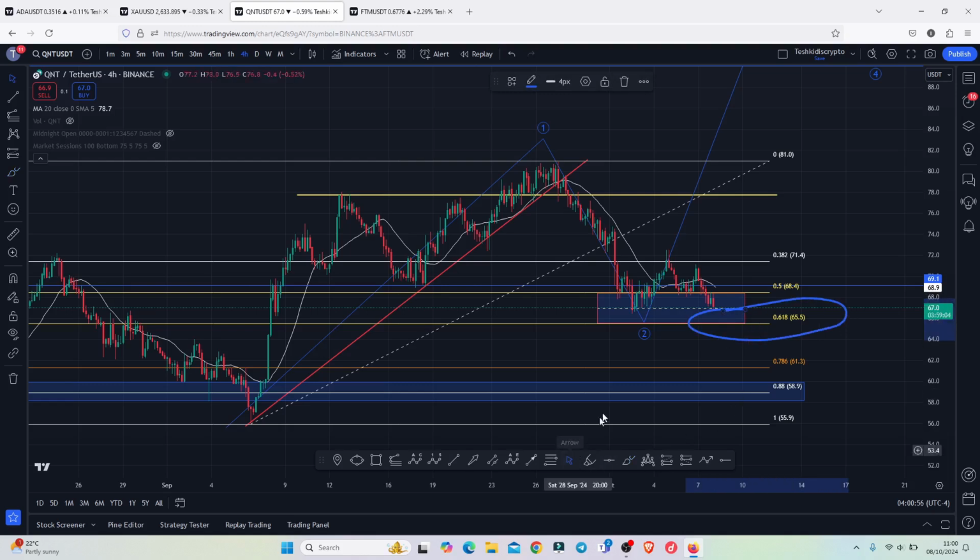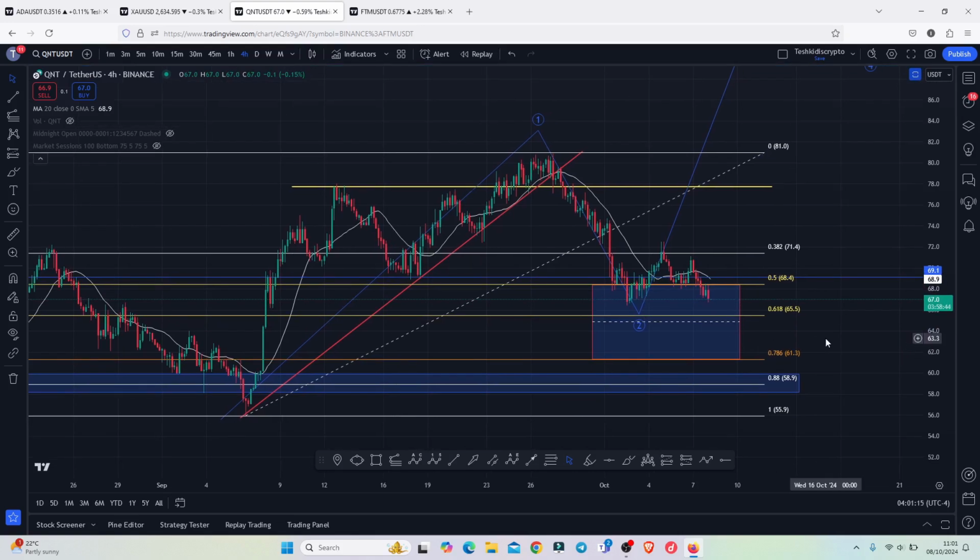And the moment that plays out, then I will be watching for support on the next key area on the Fibonacci, which is the fib level 0.78 that lies above the $61.3. And as long as we continue holding above the $61.3, there's a chance that QNT can give us another bounce back and manage to break above key areas of resistances.